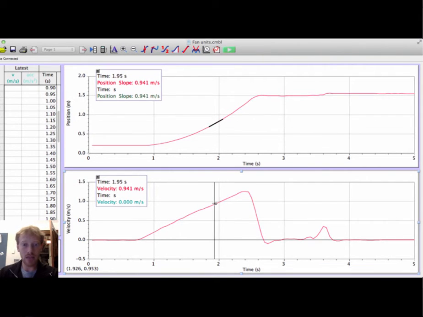Here, there is a steeper slope of the tangent line in the position graph, and there's also a higher value of velocity, and those features are the same. It looks like the slope of the line tangent to the curvy position function is the instantaneous value of the velocity. And the slope of the tangent line is a little cumbersome to say all those words each time, so I will just use the word derivative. The derivative of the position function is the instantaneous velocity at that time.